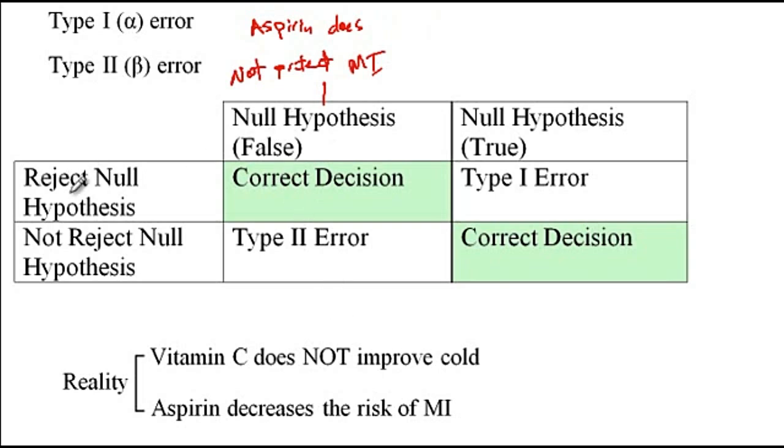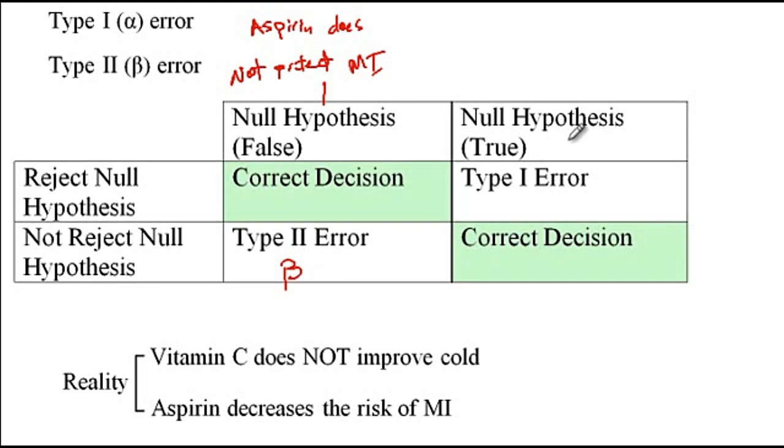So therefore, if we reject this null hypothesis, that would be a correct decision, because by rejecting that we are actually supporting the fact that aspirin does decrease the risk of myocardial infarction. On the other hand, if you do not reject this null hypothesis and say, well, yeah, possibly aspirin does not protect against myocardial infarction, then that's a type 2 or beta error.